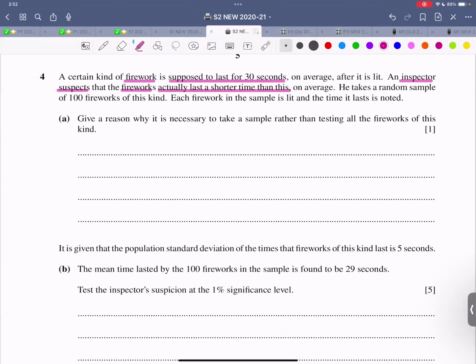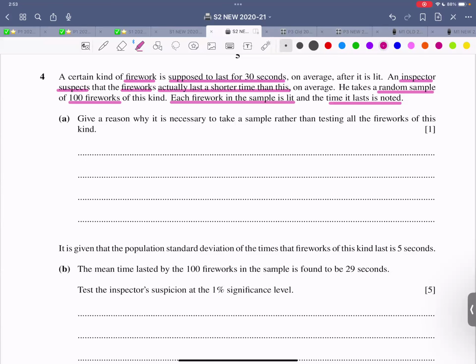Now, on average is a common phrase, so just ignore that. He takes a random sample of 100 fireworks. Each firework in the sample is lit and the time it lasts is noted. Otherwise, how will you know the time that it will last?